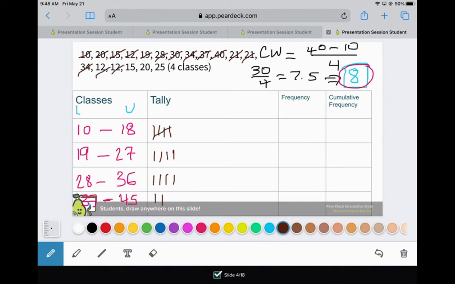There's another 12. 15. 20. And then 25.